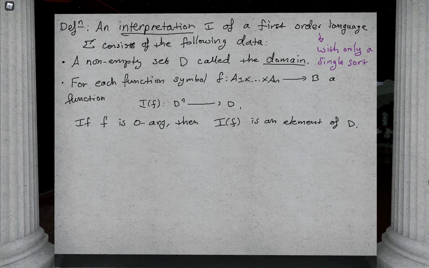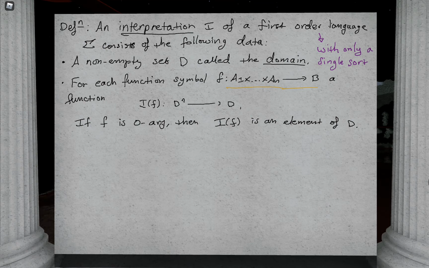Okay, so maybe I didn't spell this out explicitly in the last lecture, but associated to each function symbol is its type. The arity of the function symbol is the integer given by one less than the length of the type, because the output sort is included in the type.